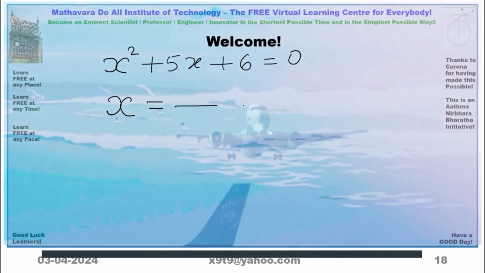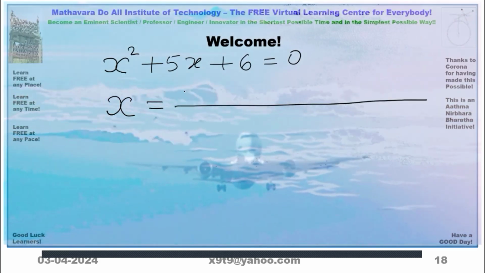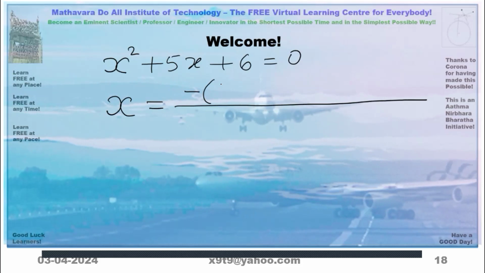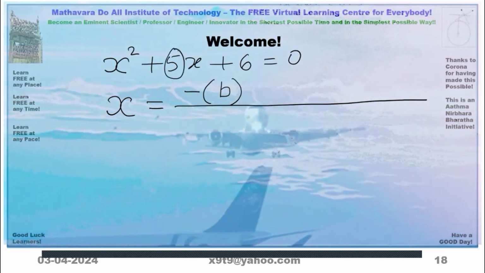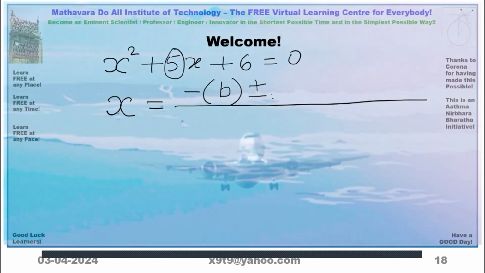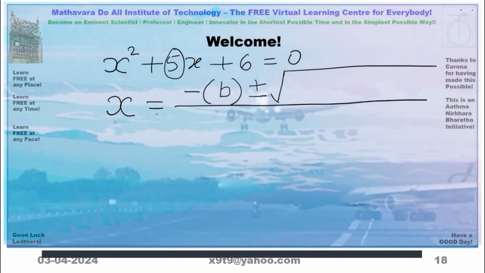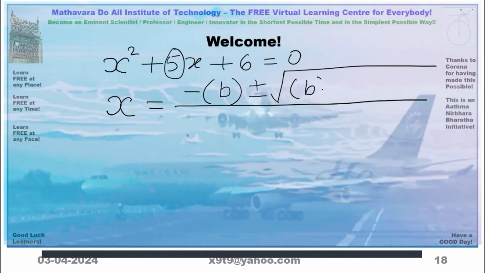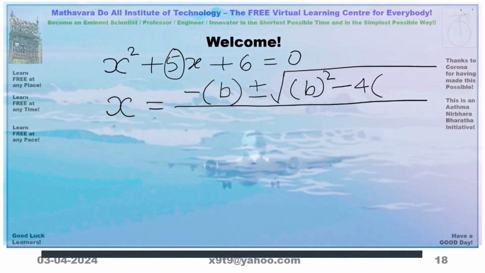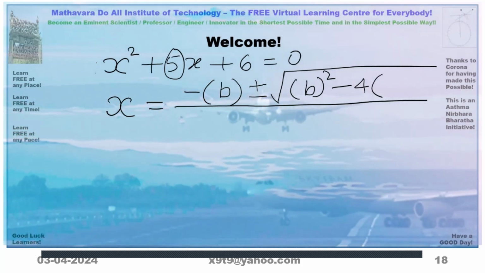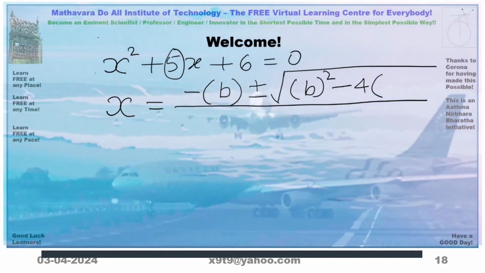This is the formula. See here, in the numerator there is minus b. For this problem it is minus 5, plus minus root of b square minus 4ac. The coefficient of x square is a, that is 1.